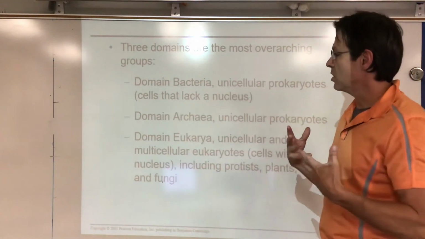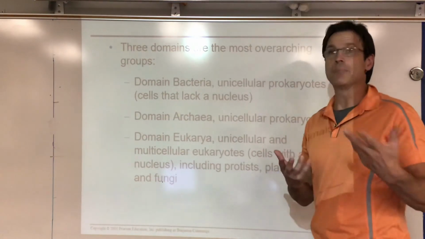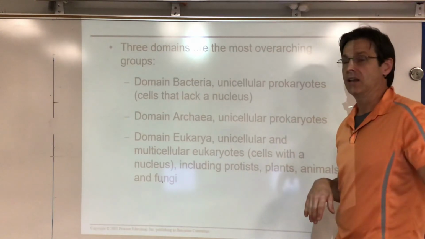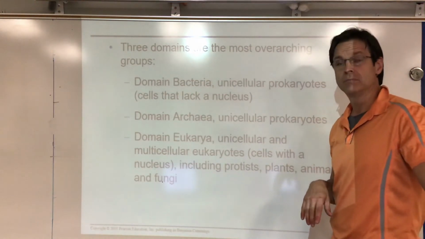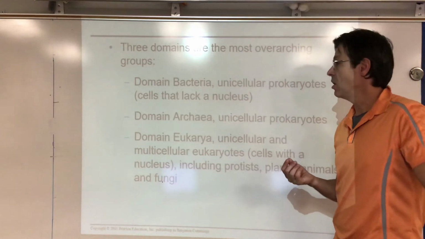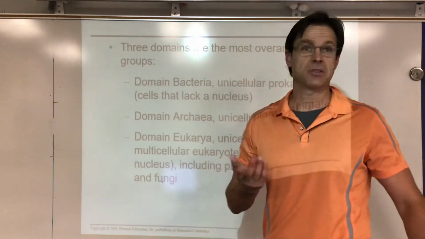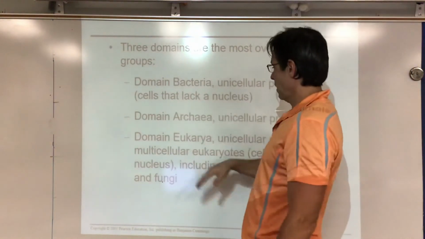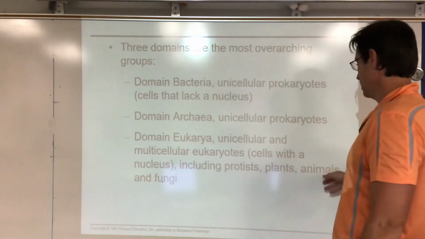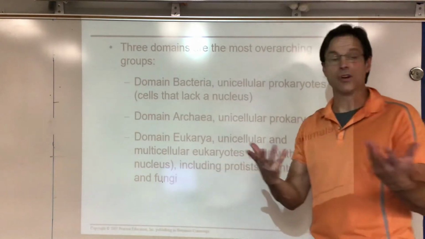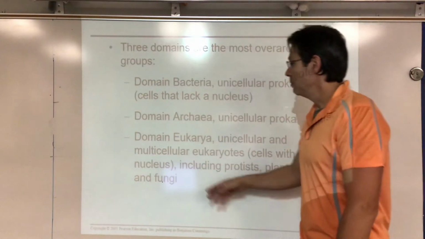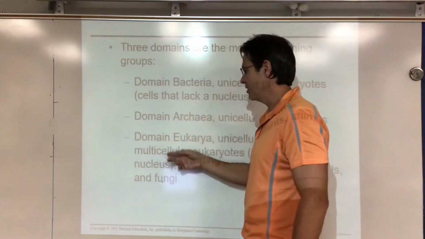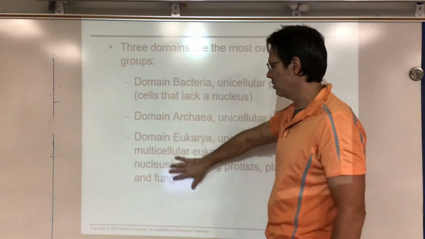But when they started to get better technology and look deeper, they realized that the kingdom Monera, okay, which was all single-celled organisms, bacteria and things like that, could be subdivided into another group. So the eukaryotes all stayed the same, with the basic plants, animals, protists, and fungi, the eukaryotic, complex cells. But they took that one kingdom and subdivided it into domains. So they added a category above, and all four of those fell into that.